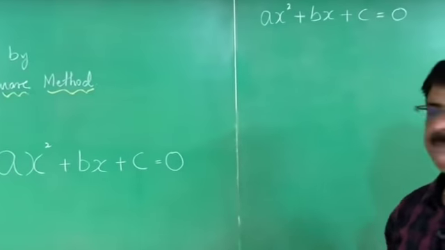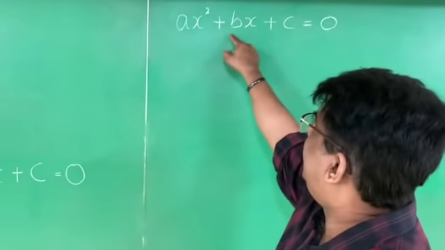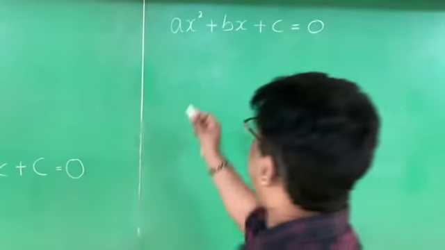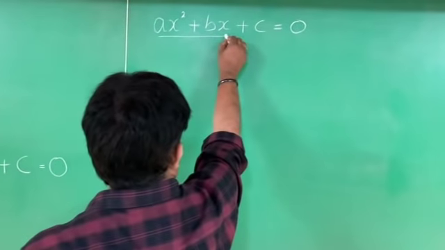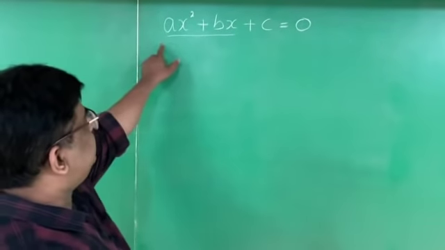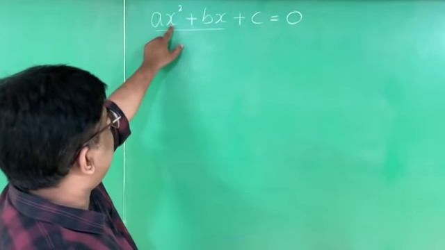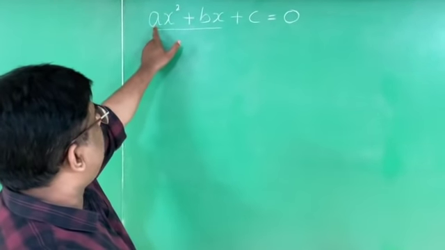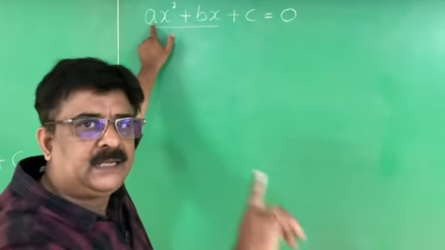First step, write the standard form. To derive the formula, first you write the standard form. Now, identify the quadratic term and the linear term. That is ax square plus bx. There is a coefficient for x square. The coefficient is a. First step is we have to eliminate that a.